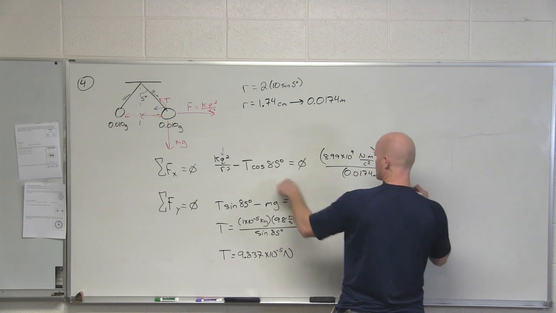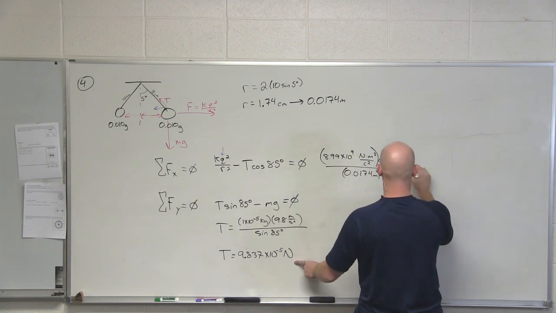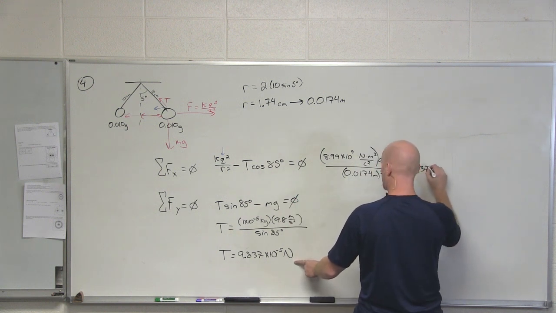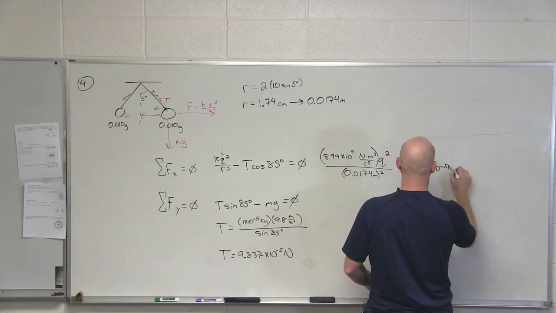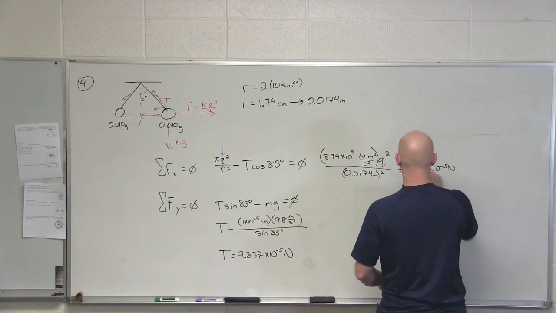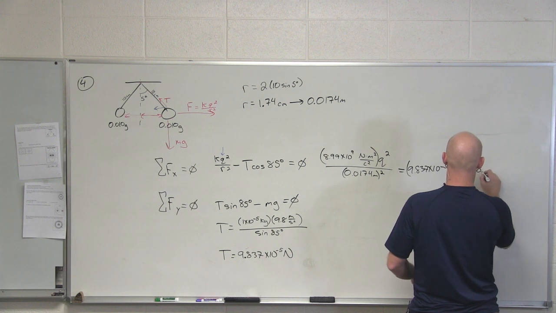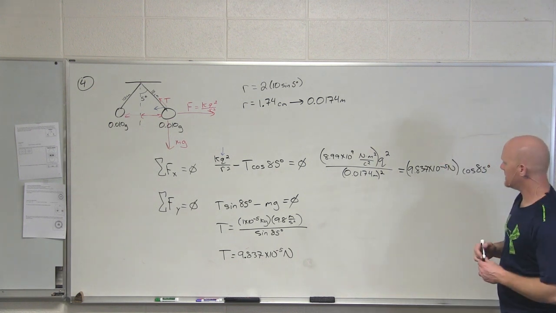And I'm just going to move this over to the other side. And so it'll be 9.837 times 10 to the negative 5 newtons times cosine of 85 degrees.